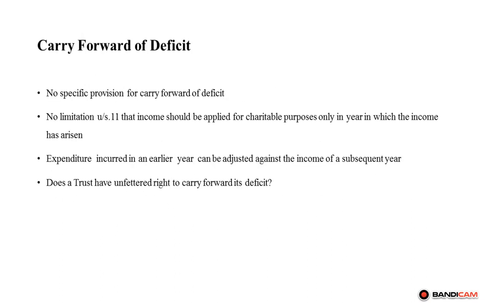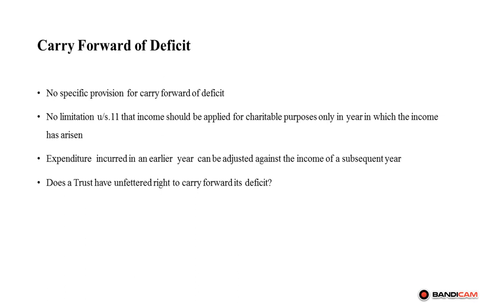Okay, so these are the modes of investment. If the trust violates the section or the rules of the Income Tax Act, then the trust loses its exemption of income.